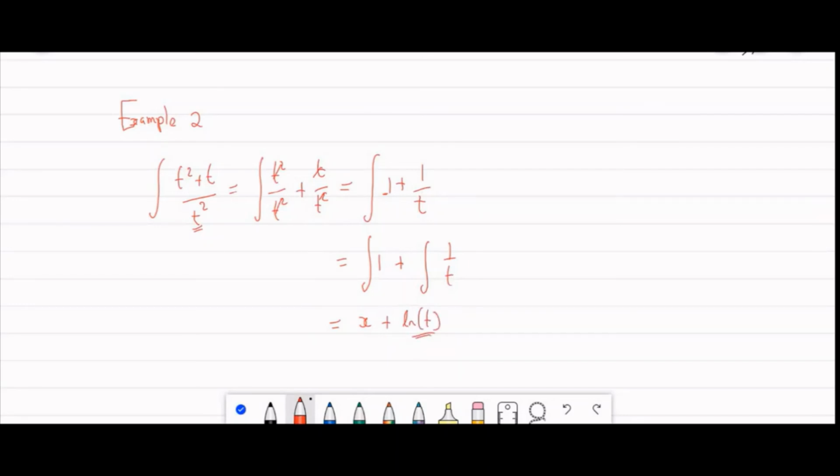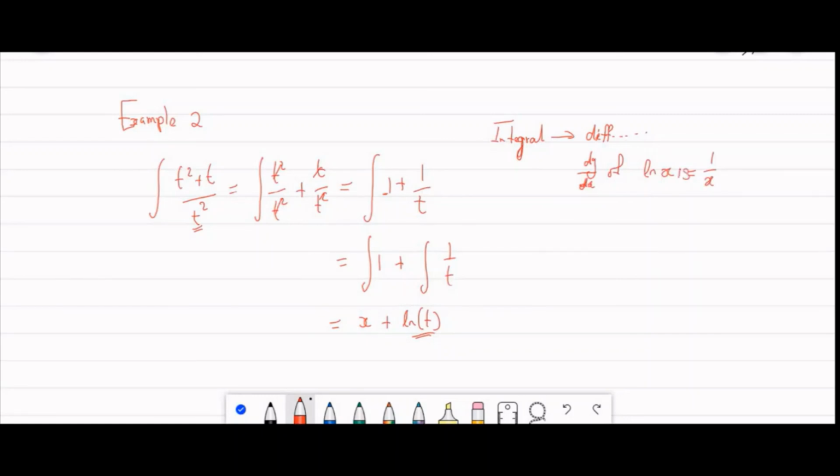Because we haven't discussed logarithms, remember that if we move from integrals to differentiation, and I'm asked to find dy/dx of ln x, it is 1 over x.